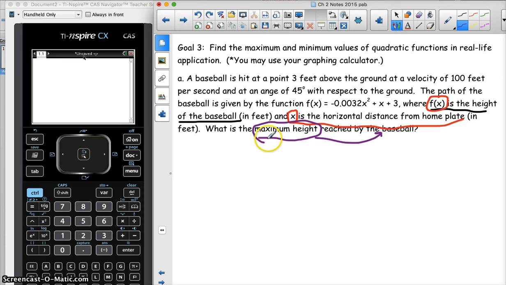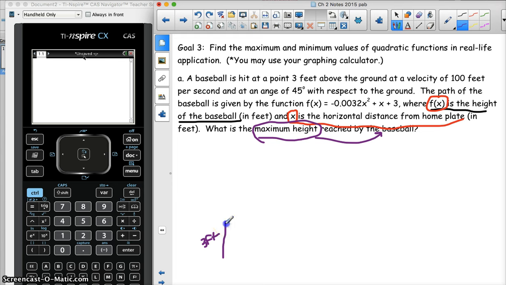All right, so let's start out by trying to draw a sketch of what we've got going on here. It says a baseball is hit at a point 3 feet above the ground. So the person who's hitting the ball, their hand would be 3 feet above the ground. So we'll call this height 3 feet. And the pitcher pitches the ball, and the person hits it.